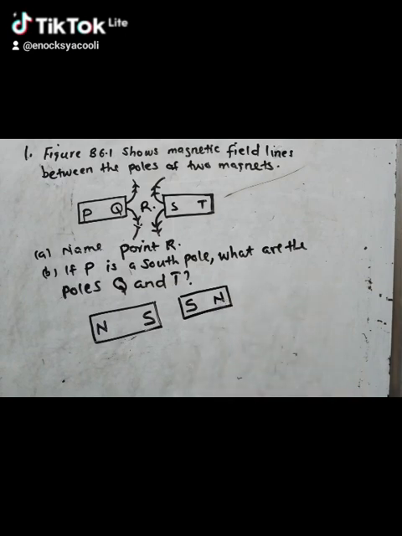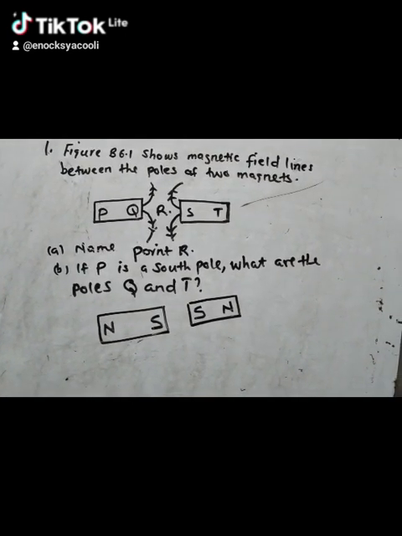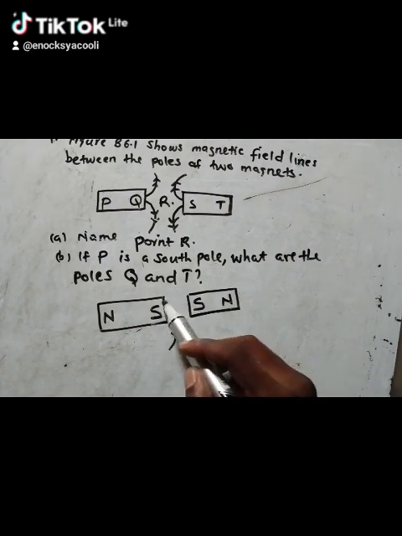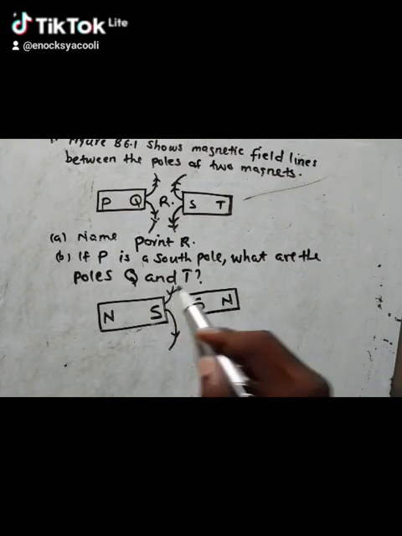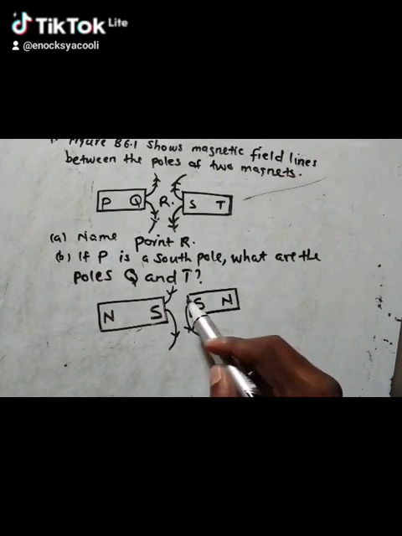So the behavior of magnets is that when like poles are facing each other, they will repel each other.